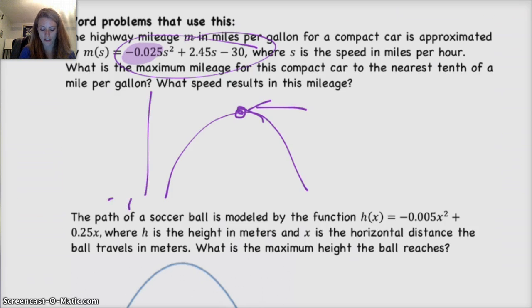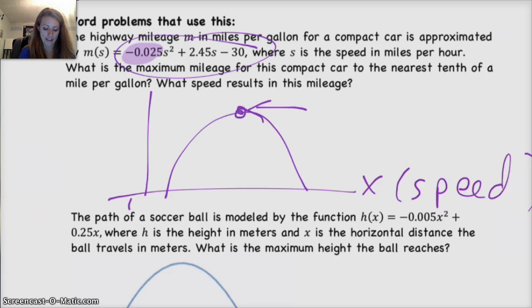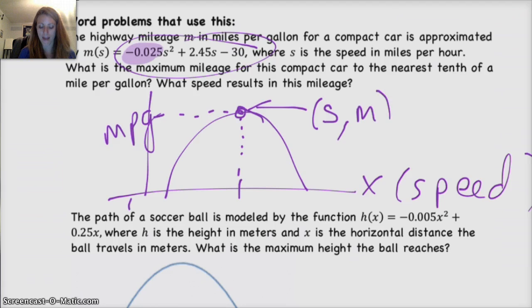So if I were to actually create axes, my x-axis is speed and my y-axis is miles per gallon, which means this point of the vertex, the x-coordinate is the speed at which the max mileage happens, and the y-coordinate is the max mileage. I'm going to just write the answer down because I'm running out of time.